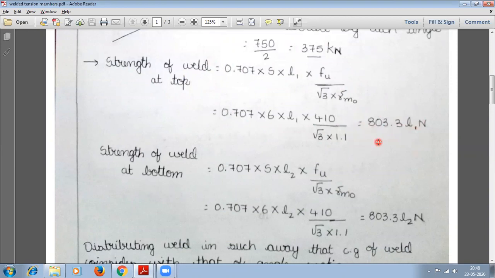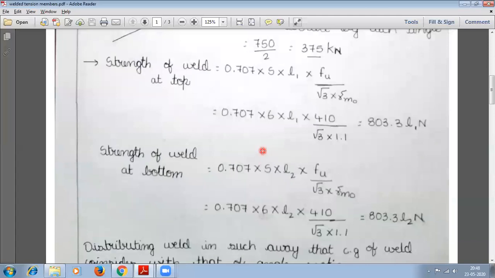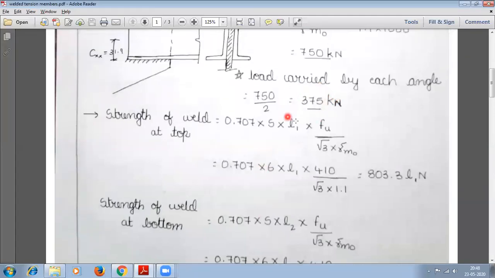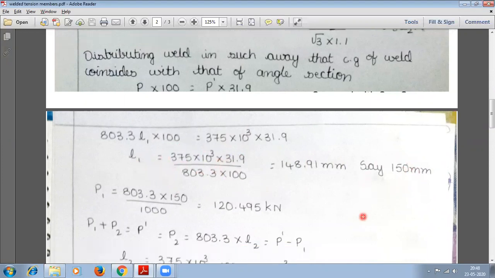So P1 is equal to 803.3 L1. Substitute here into 100. So you got the P dash. What is P dash? It is the strength of the one particular weld, P75. Substitute here, so that you will get L1, substitute, you will get it as 150.